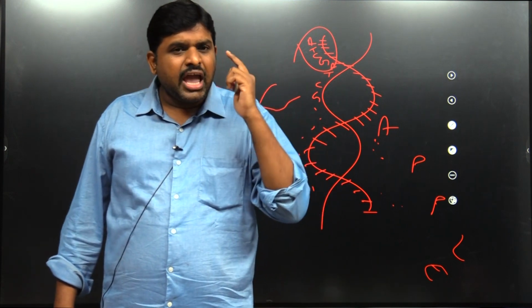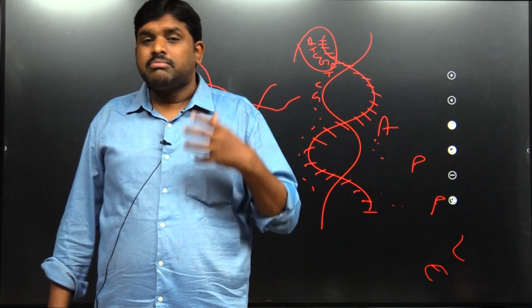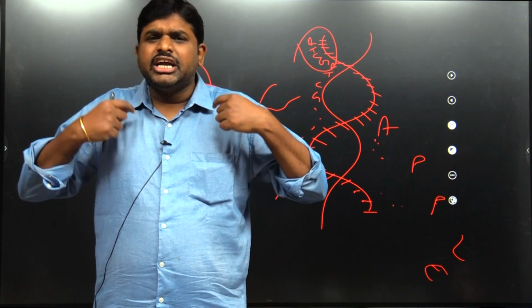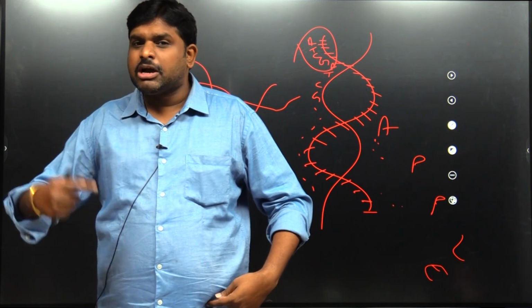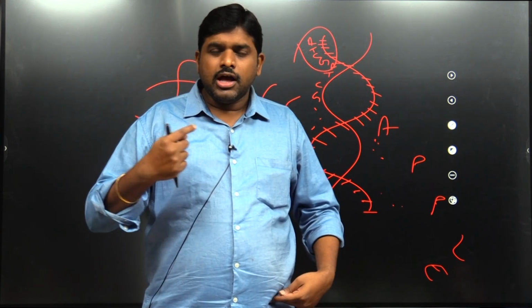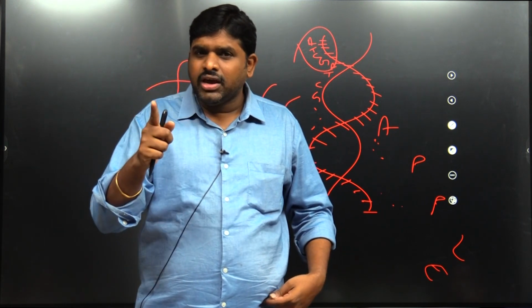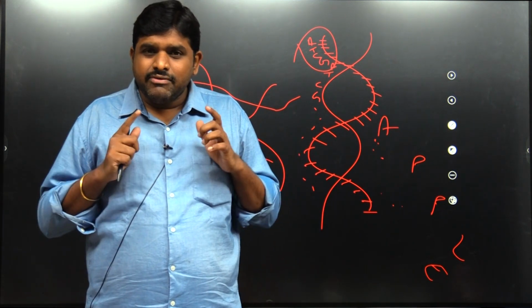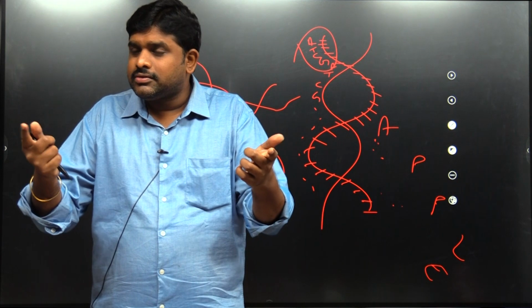My intelligence, my IQ, my words, my sayings, my energy, my physical fitness, my immune system, each and every aspect of my human body is because of the gene. Accordingly to the information the gene is giving, my functions will happen. So the gene will give an order to the cell how to function.